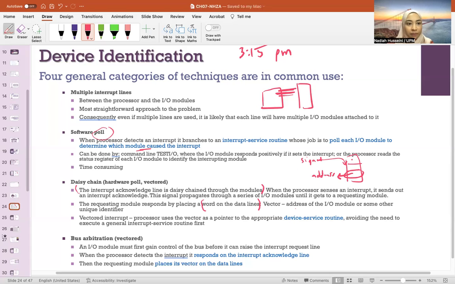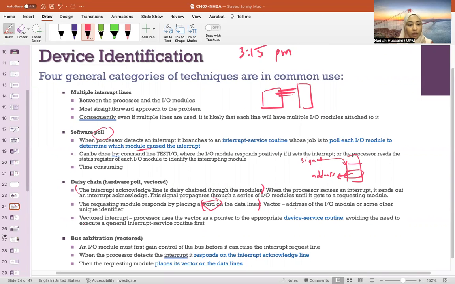Basically, hey, this is my number, call me, something like that, but in the form of an address. So this address is called a vector, and a vector can be an address or anything that is uniquely tied to the IO module. It is typically a word. The word can be an address or a unique identifier.